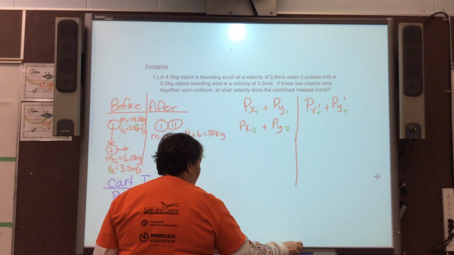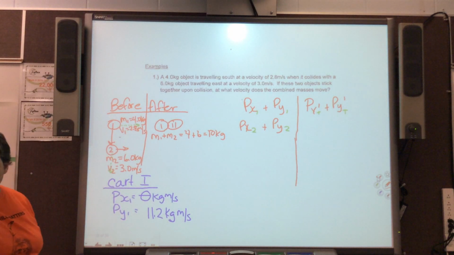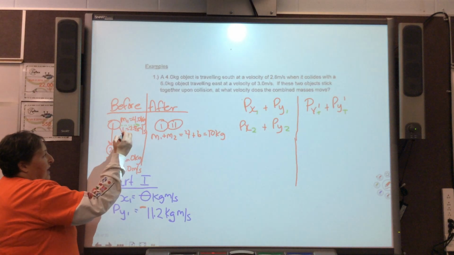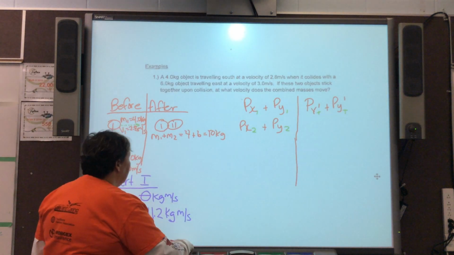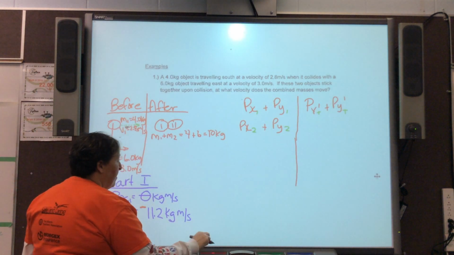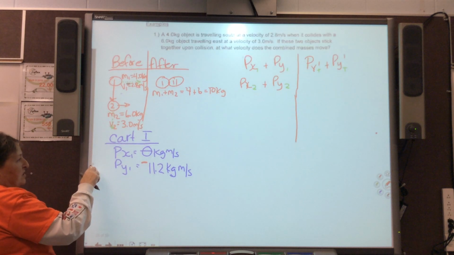But we missed something very critical in this. What did we miss? Remember I said this is going to trip you up. Direction. And how do we indicate direction? So where are we going to put the negative, Chris? On this one? Yeah, because it's going down. Our velocity here is down. So this is negative 2.8 meters per second. So always make sure you're paying attention to that, okay?